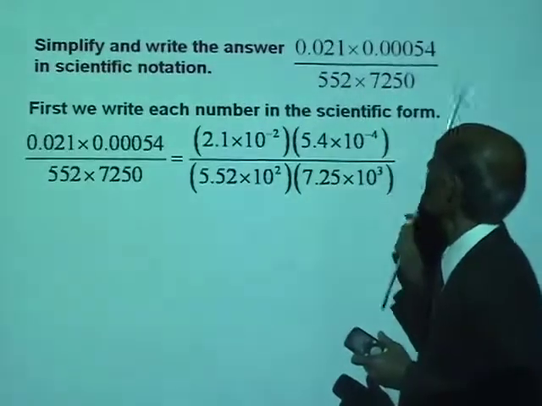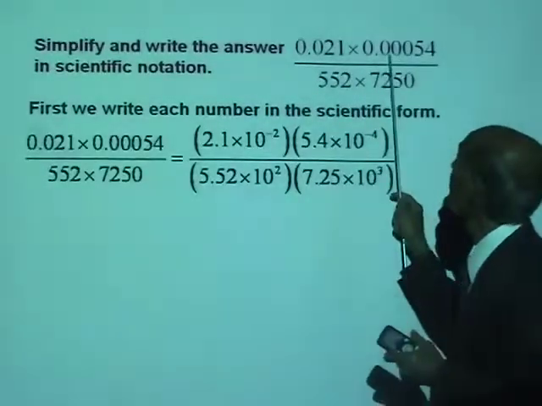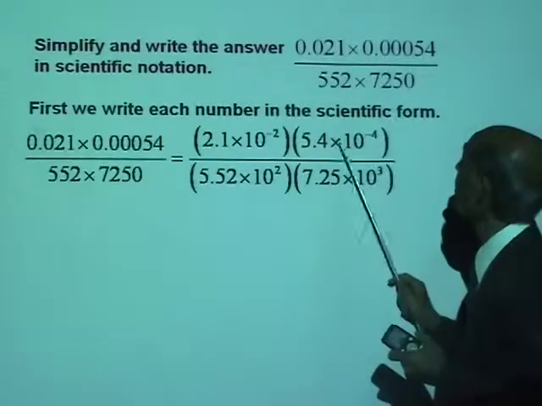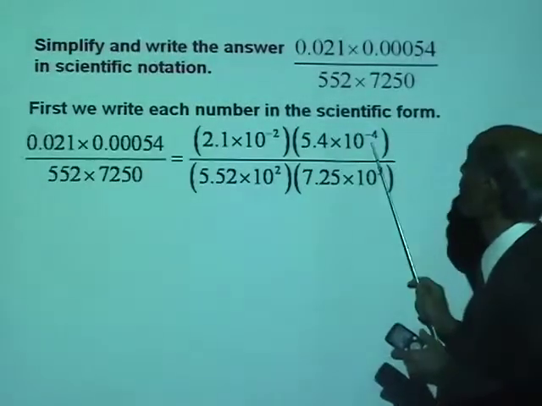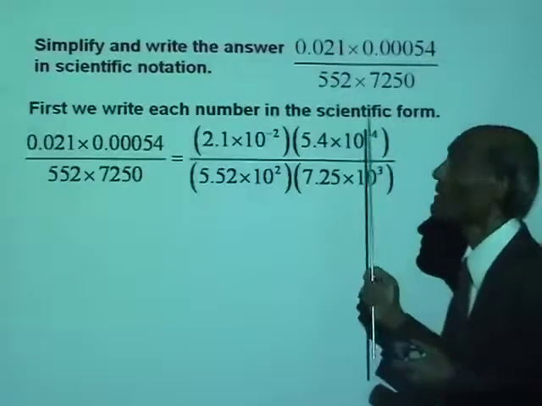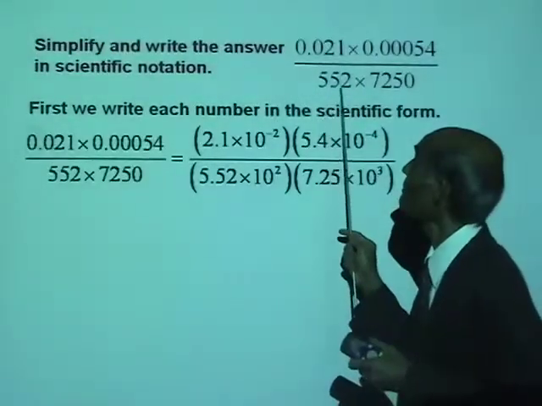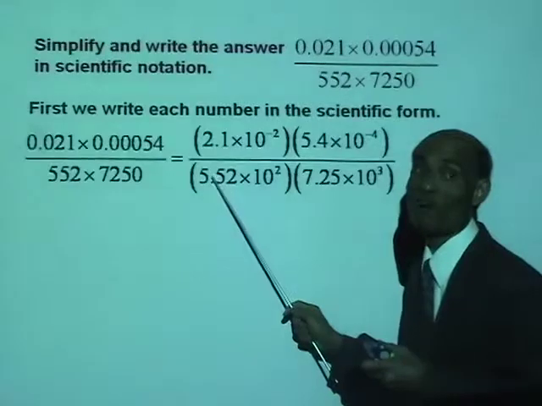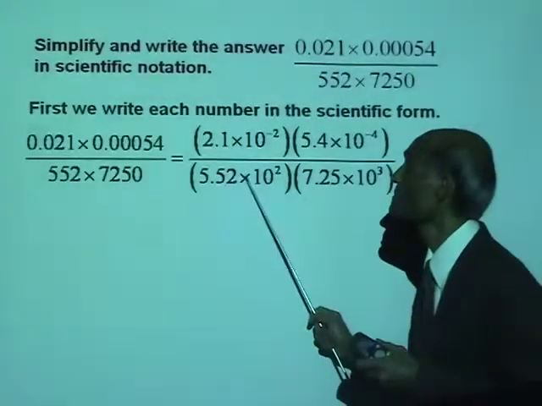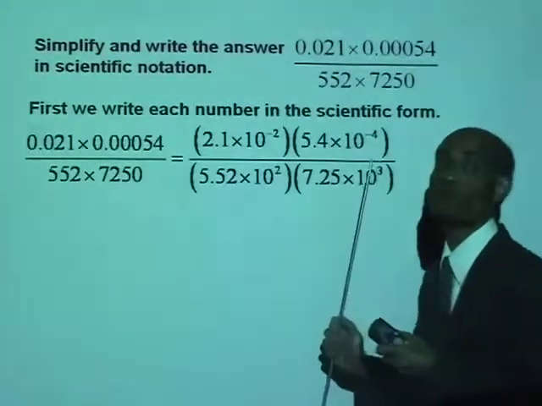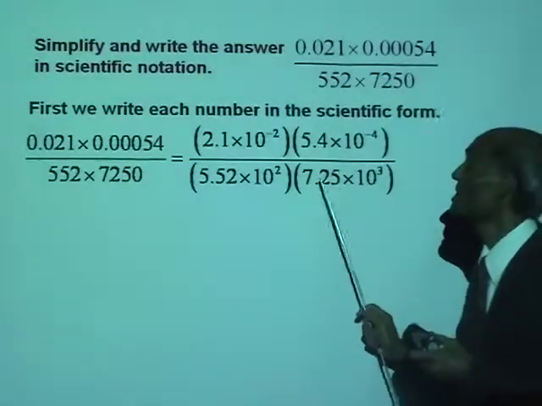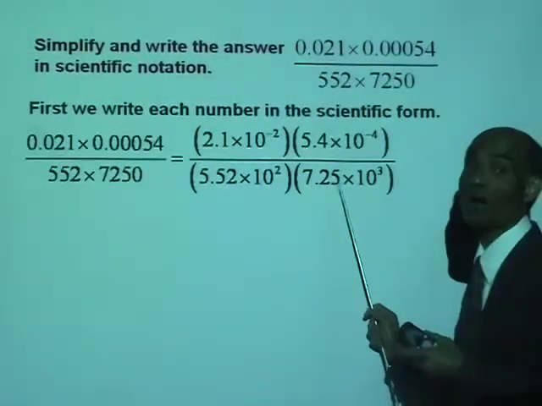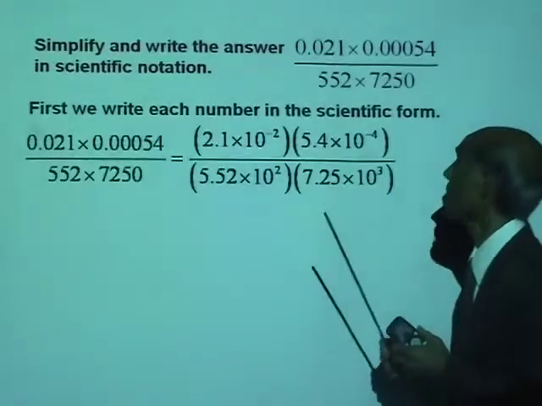The second number on the numerator is 5.4 times 10 to the power of -4. On the denominator, 552 is 5.52 times 10 to the power of 2. 7,250 is 7.25 times 10 to the power of 3.